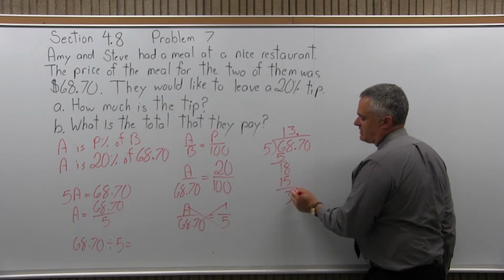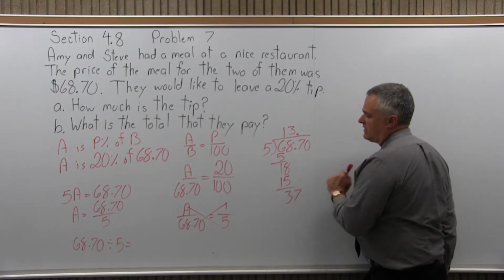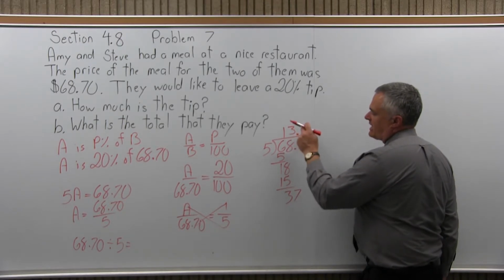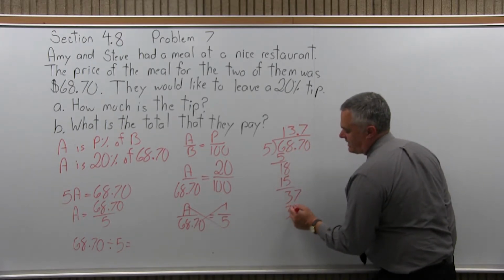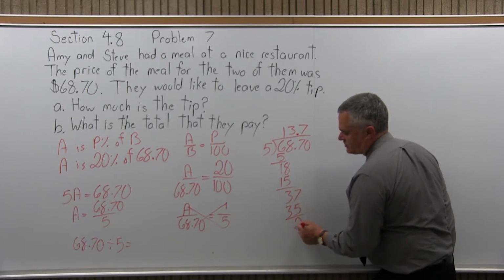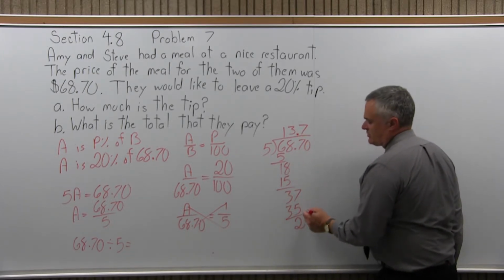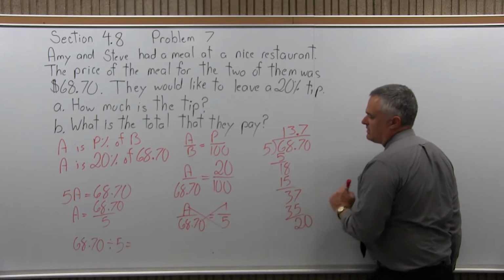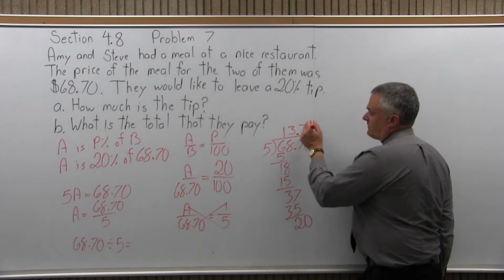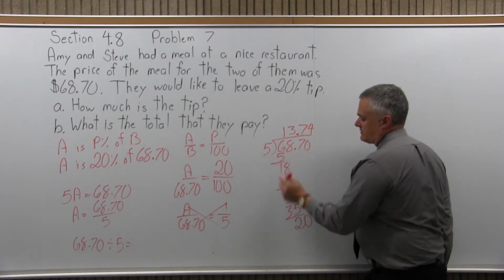So bring down that 7. Next to the 3 makes a 37. 5 divides into 37 7 times. 7 times 5 is 35. 37 minus 35 is 2. Bring down the next digit, which is a 0. 0 next to the 2 makes it 20. 5 divides into 20 exactly 4 times. 4 times 5 is 20.